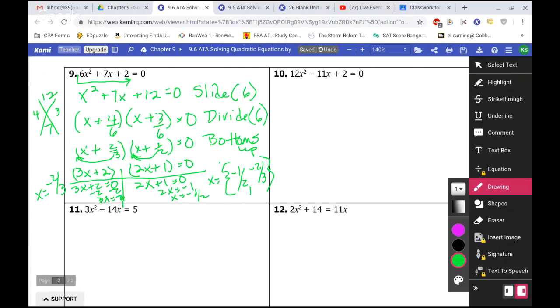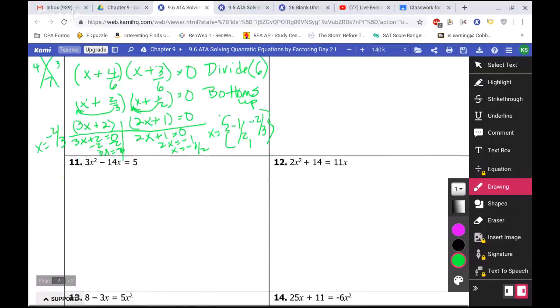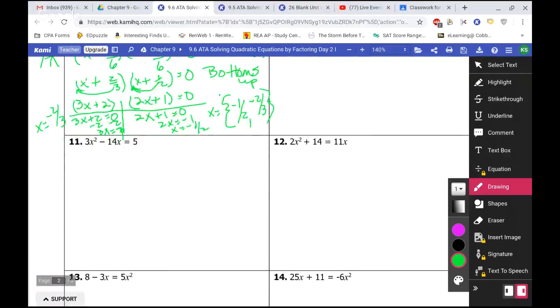All right. Is number 11 in standard form? No, it is not. What do I need to do to get it in standard form? You divide by the greatest common factor.